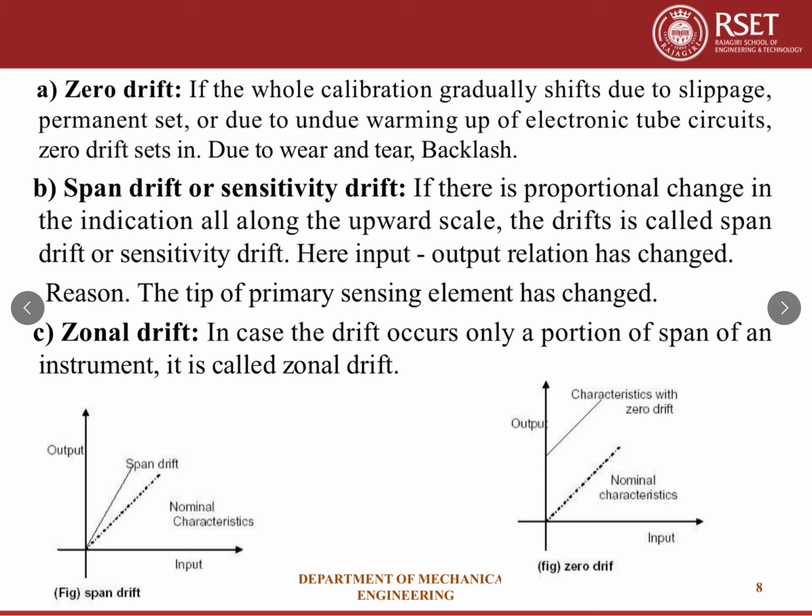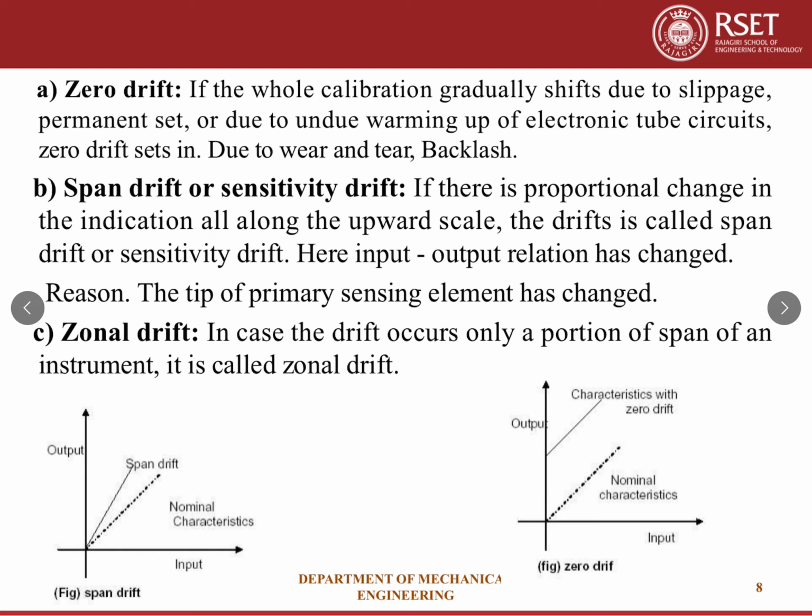If the whole calibration gradually shifts due to slippage, permanent set, or undue warming up of the electronic tube circuit, zero drift sets in. Wear and tear also result in it. But in zero drift, the specialty is that this drift does not affect the input-output relationship.